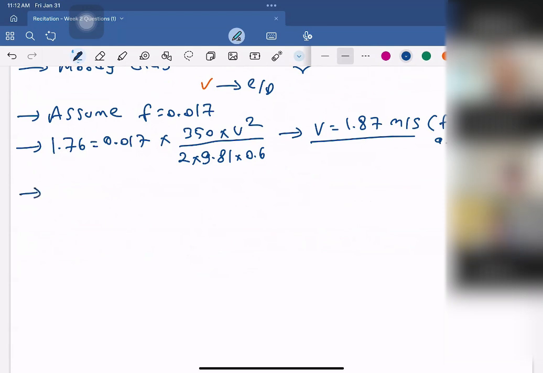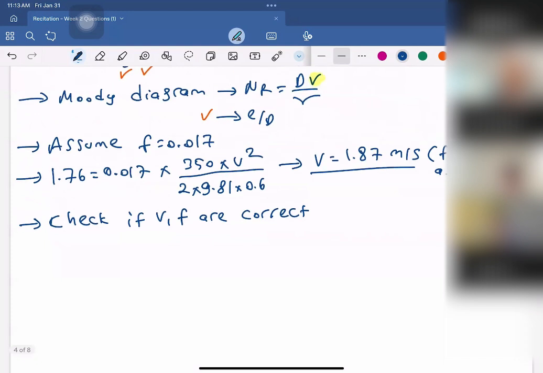And now we need to check if V is correct. Actually, velocity and friction factor, if they are correct. So we will calculate the Reynolds number using this velocity.